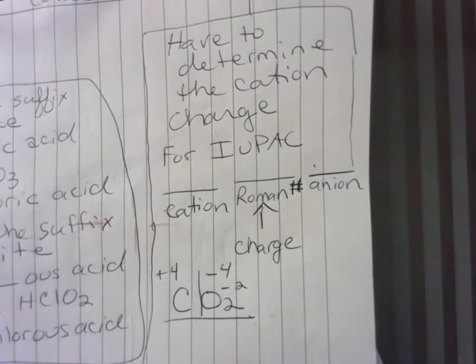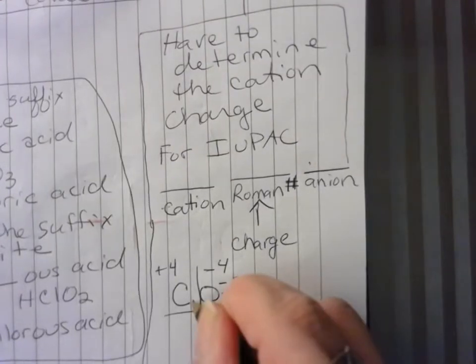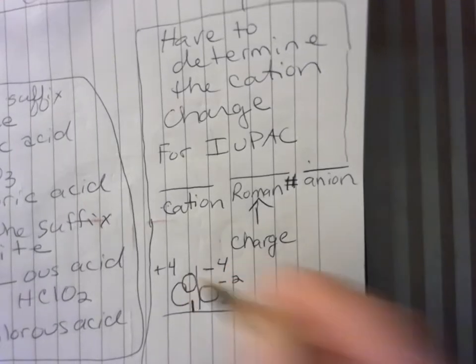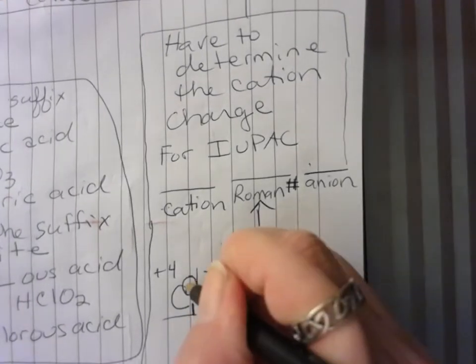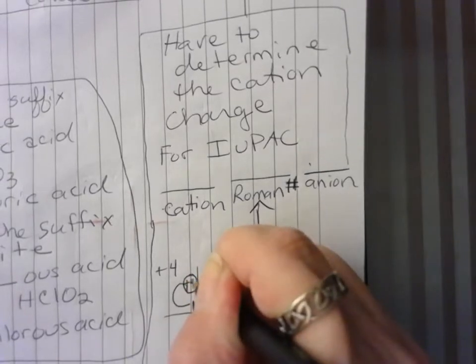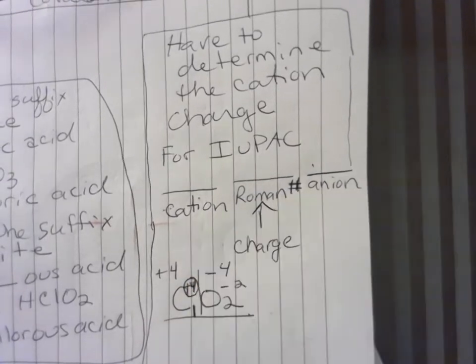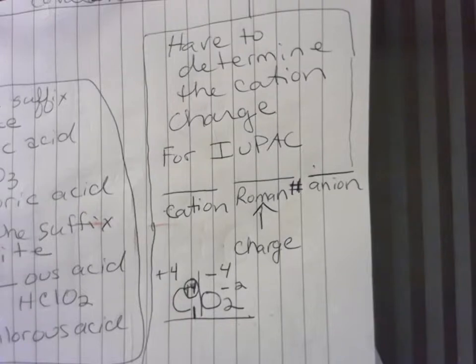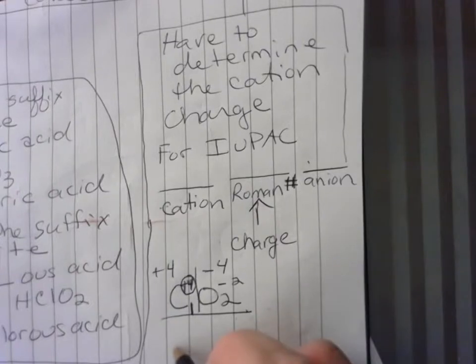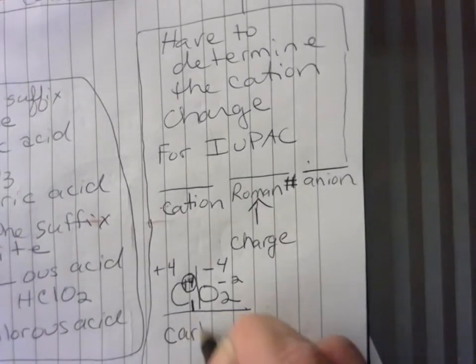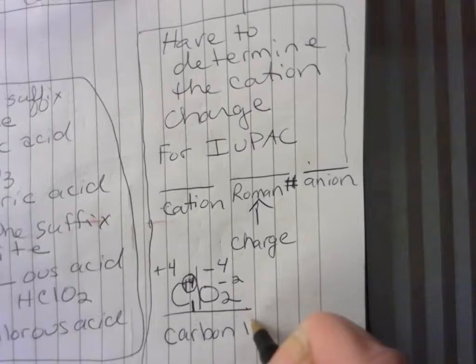I have 1 of them, so 1 times the oxidation number of +4 would give me an overall positive charge of 4. So the oxidation number of this carbon here is +4. So we would say carbon, Roman numeral 4, oxide.